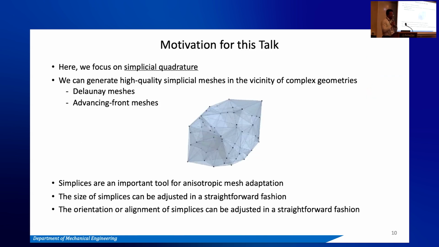For our applications, we're primarily interested in simplicial quadrature, although I think most of the audience here is very, very preferential towards hexes for reasons that I'm sure are very good. In our cases, we're interested in very rapidly generating meshes in the vicinity of complex geometries for aerospace applications.